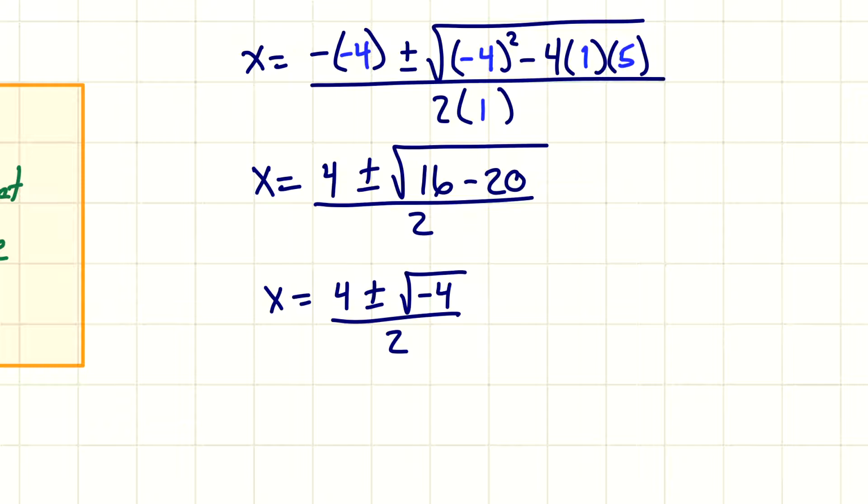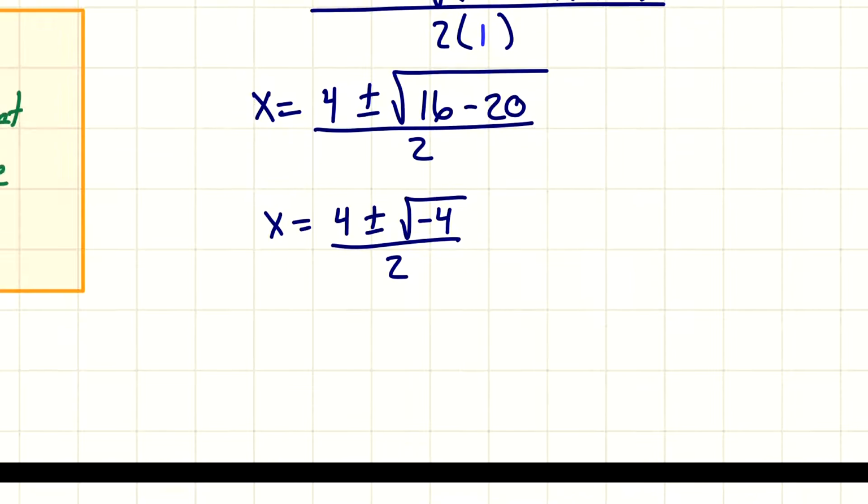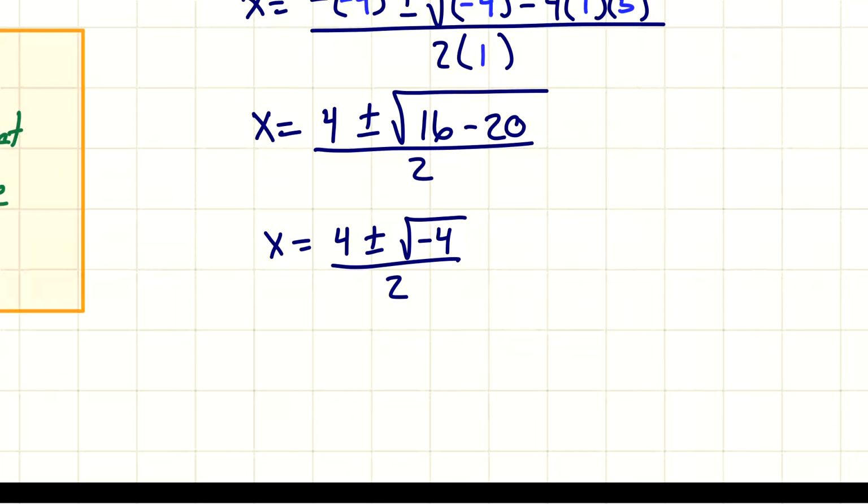The square root of -4 is the square root of 4 times the square root of -1, over 2, right? We could separate that. And the square root of -1 can be written as the letter i.